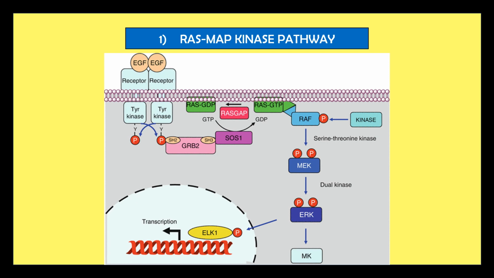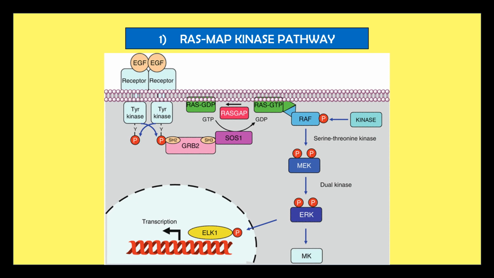There are three major closely related RAS proteins in humans: H, K, and NRAS. RAS is a lipid-linked protein present in the cytoplasmic face of the membrane, and RAS cycles between an inactive GDP-bound form and an active GTP-bound form.